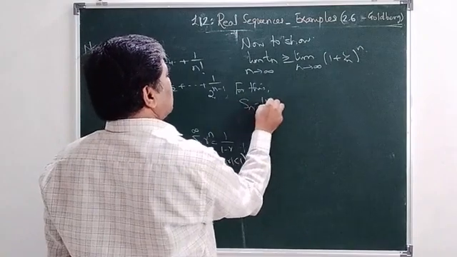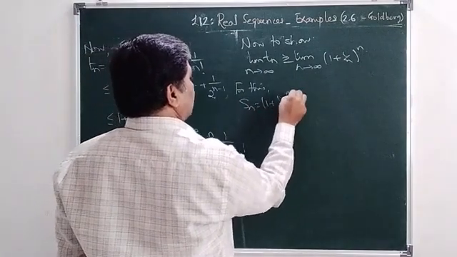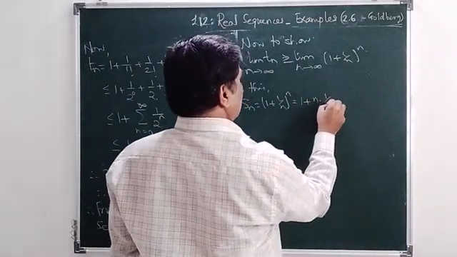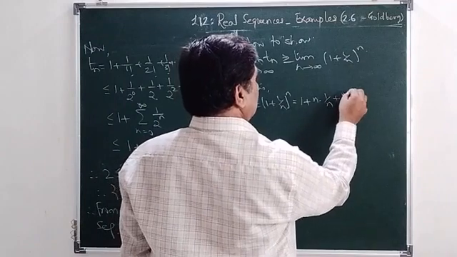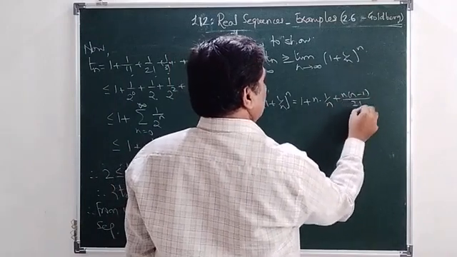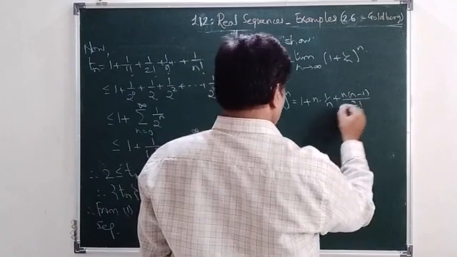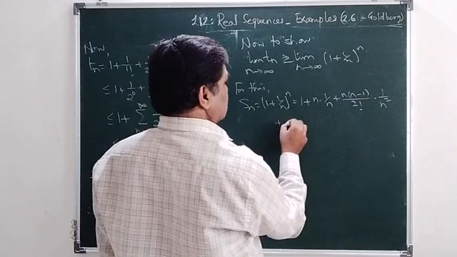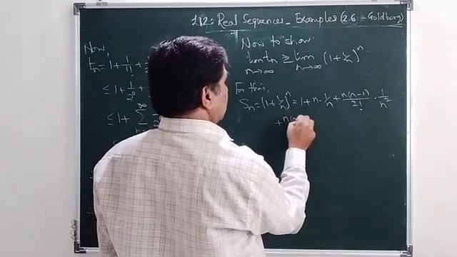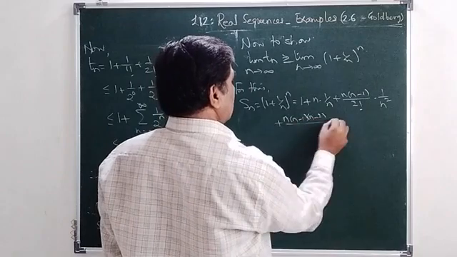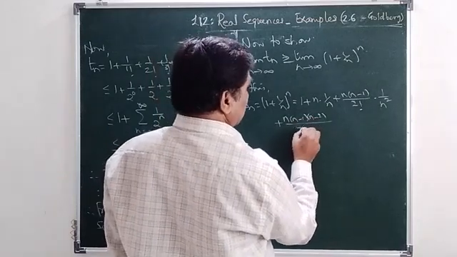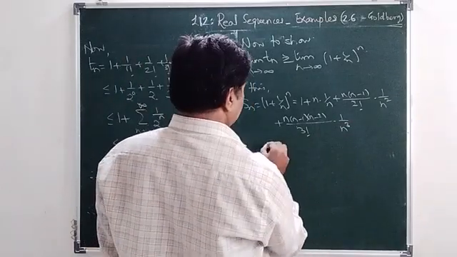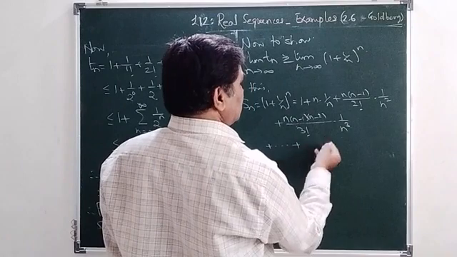Sn is equal to 1 plus 1 upon n raised to n, which is nothing but 1 plus nC1, n into 1 upon n, plus nC2, n into n minus 1 upon 2 factorial into 1 upon n square, plus nC3, n minus 1, n minus 2 and so on upon 3 factorial into 1 upon n cube, plus dot dot etc. What will be the last term? nCn.